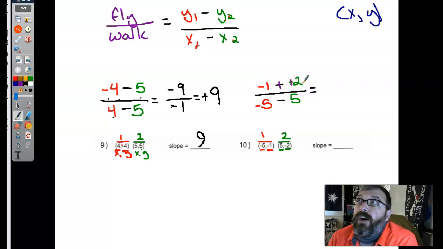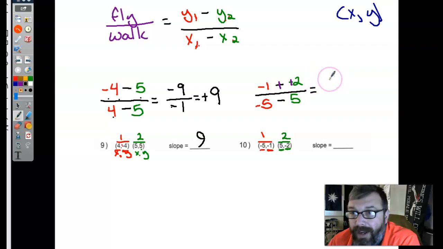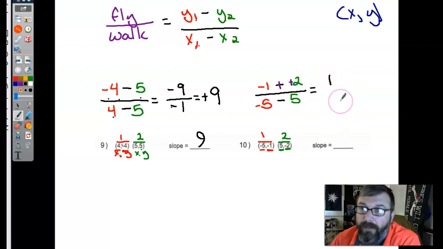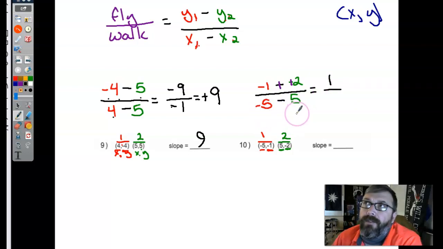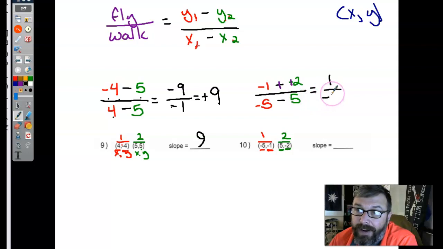So if I owe John $1 and I pay him $2, that means I am up $1 over -5 minus 5. If I owed the bank $5, but I borrowed another $5, that means I'm going to owe them another $5, so -10. And this is simplified.